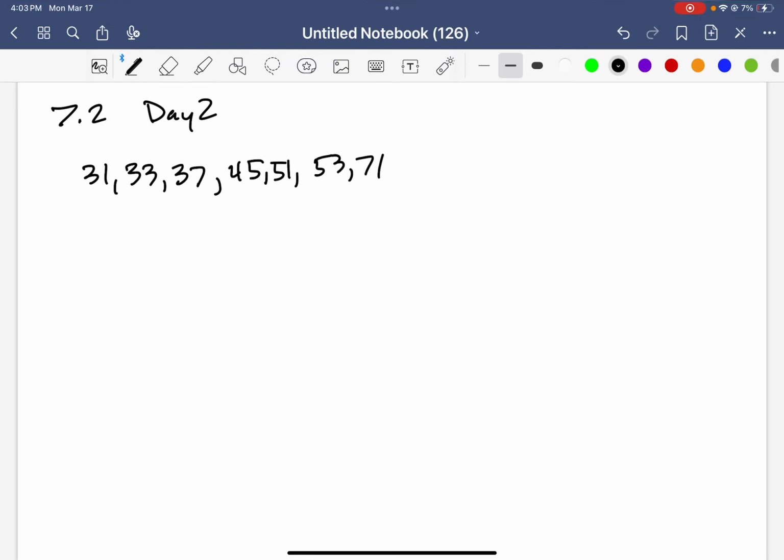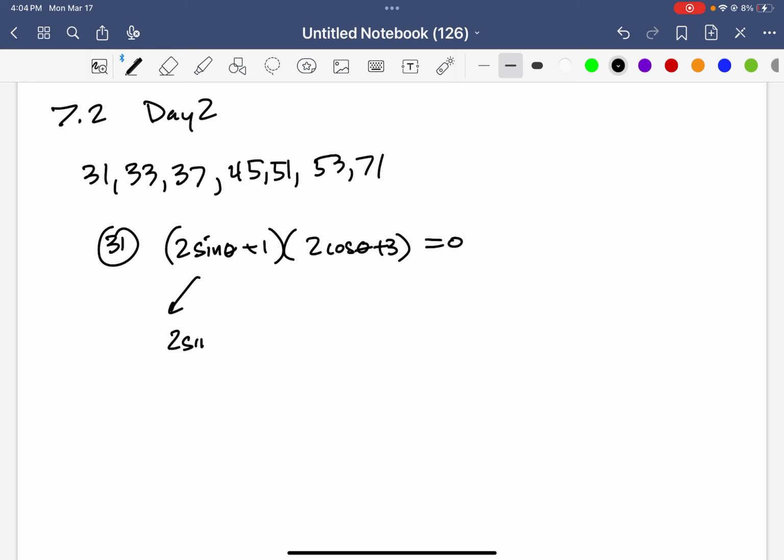So for 31, I have (2 sine theta + 1)(2 cosine theta + 3) = 0. I have two different things to solve. Since I have two things multiplying to 0, either that is 0 or this is 0.